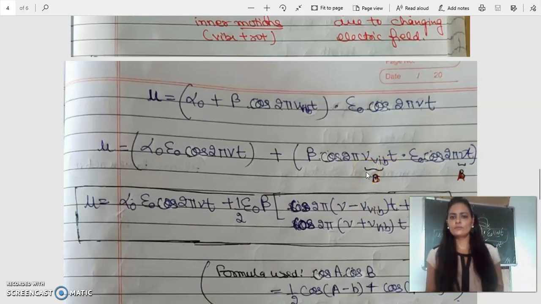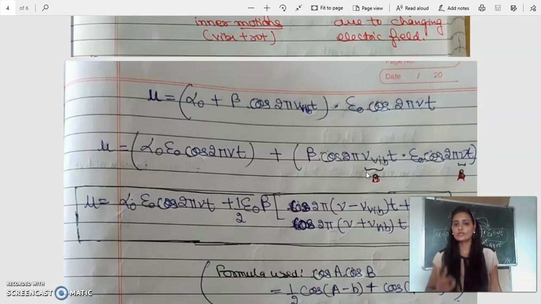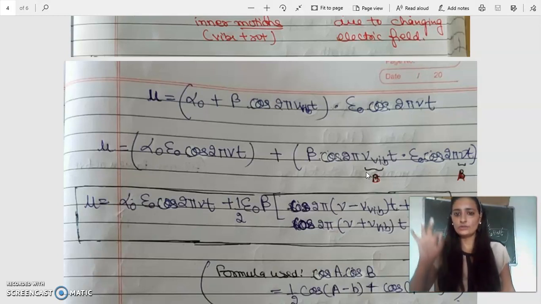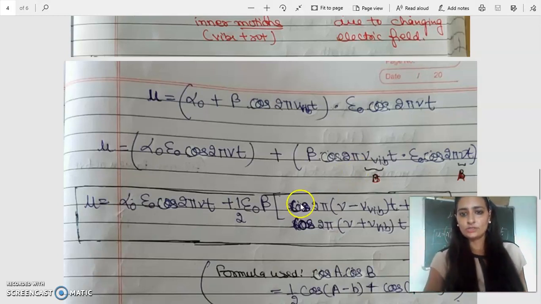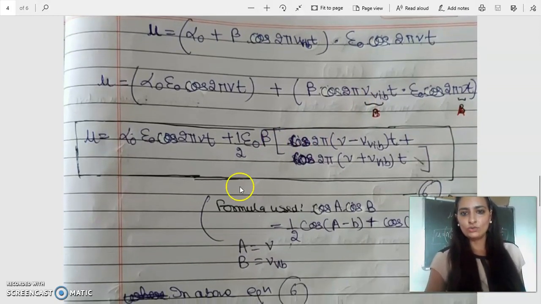Now we are going to apply the formula for cos A cos B. Here A is your mu vibrational, B is your mu. Simply, you are just going to put the values in the formula. I'm just going to take E naught and beta common.